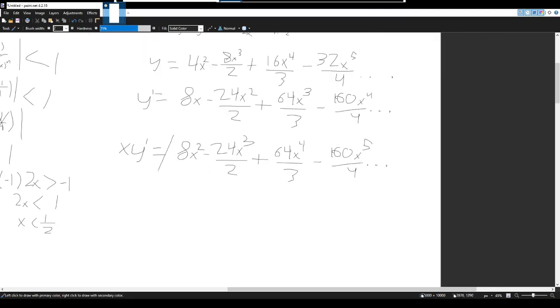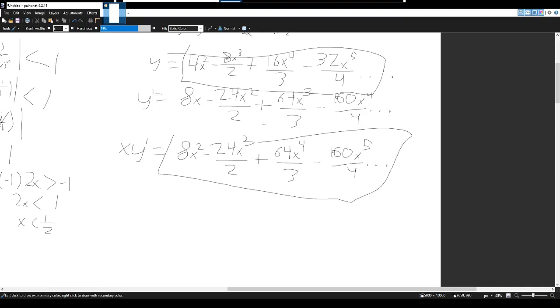So now we want this sequence here minus this one here. All right, so now if you notice, right, we're going to have 8x squared minus 4x squared. So that's just going to be 4x squared. We're going to have 24 over 2, x to the third, minus 8 over 2, x to the third, which is 16x to the third over 2.